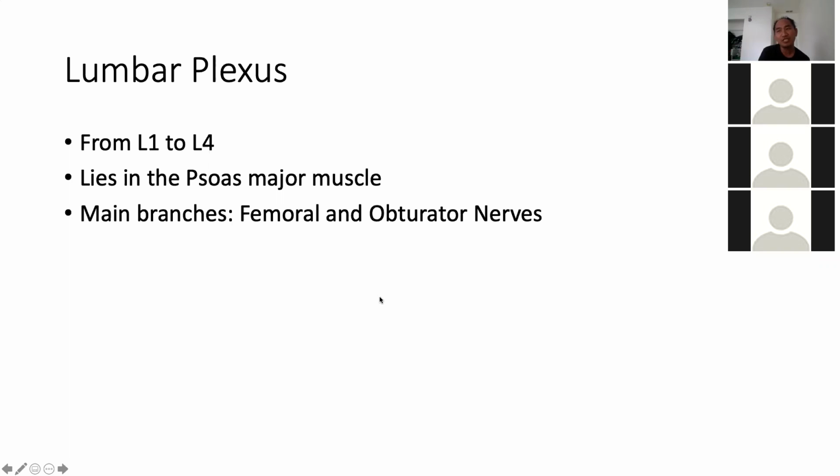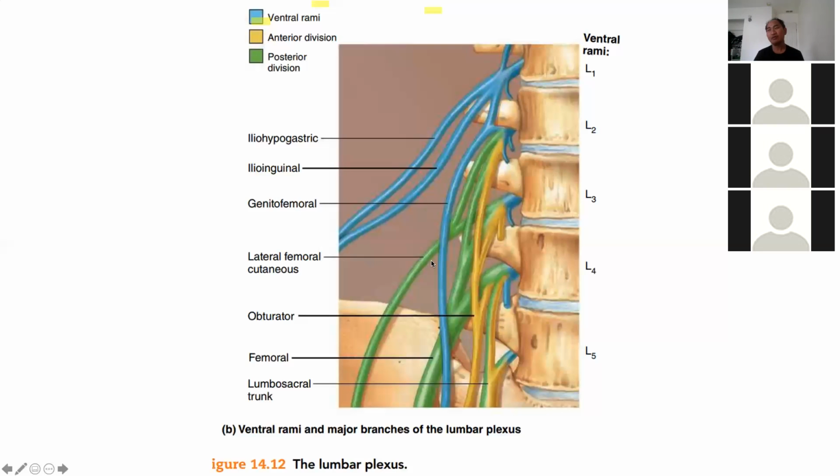And the main branches of the lumbar plexus are the femoral and obturator nerve. So look at the lumbar plexus from lumbar 1, lumbar 2, lumbar 3, lumbar 4, lumbar 5. No, lumbar 5 might be sometimes, but usually 1 to 4 without 5. And you can see they are around the psoas muscle.